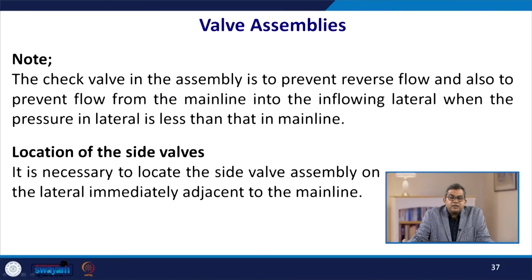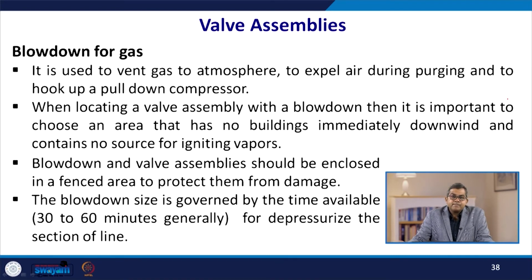The check valve in the assembly is to prevent reverse flow, and also to prevent the flow from the main line into the inflowing lateral when the pressure in the lateral is less than that in the main line. It is necessary to locate the side valve assembly on the lateral immediately adjacent to the main line.